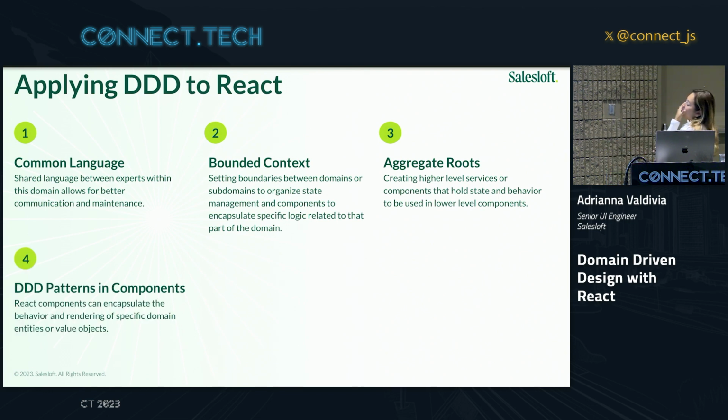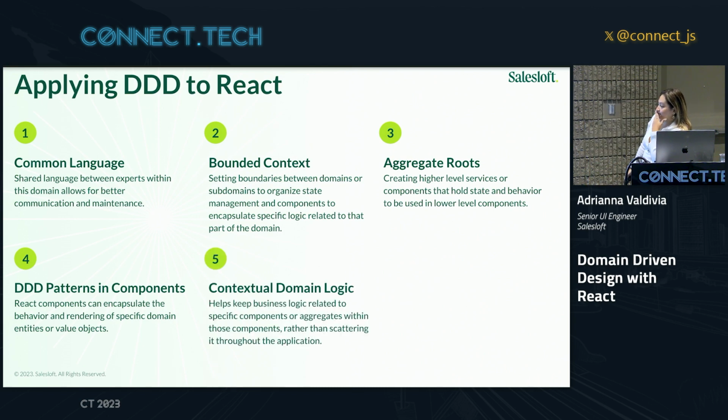Okay, so applying all these patterns. Since we know what the building blocks of this approach are, entities and value objects, we can apply both these domain objects into the components by putting them together, checking to see if they fit together or need to work together to create a bigger picture within the React components.